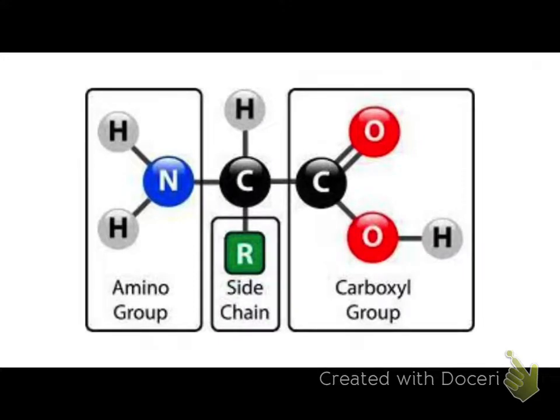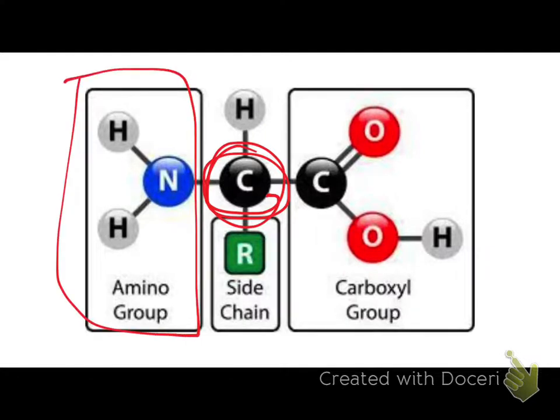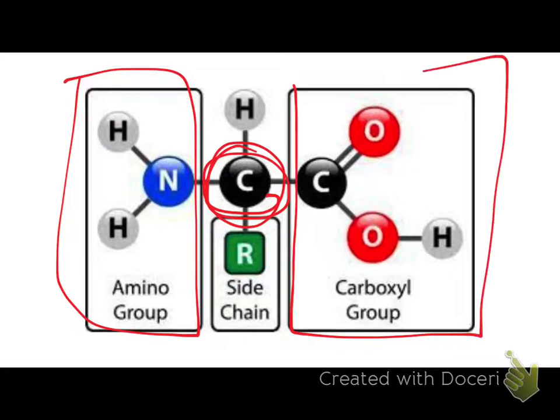So look, we have the carboxyl group. So this is our center carbon right here, right? All amino acids are going to have an amino group that looks like something similar to this. They're going to have a carboxyl group that looks like this. They're going to have one little lone hydrogen over here. And the way that these amino acids are different from each other is their side chain, or their R group.